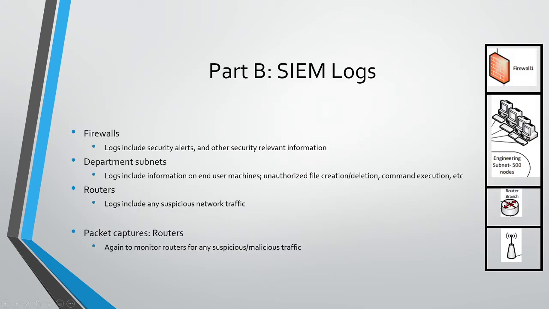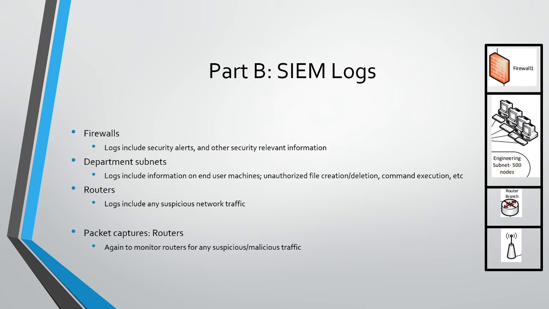And then the next part dealt with logging, specifically with SIEM logs and packet captures. There are a couple of different areas within the network map where I feel logging would be very valuable. First, again, firewalls. You can log any security alerts and any other security relevant information that passes through the firewall. Secondly, you have the different department subnets for your different organization departments.